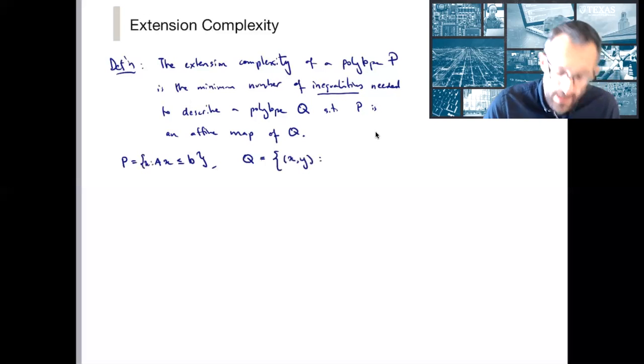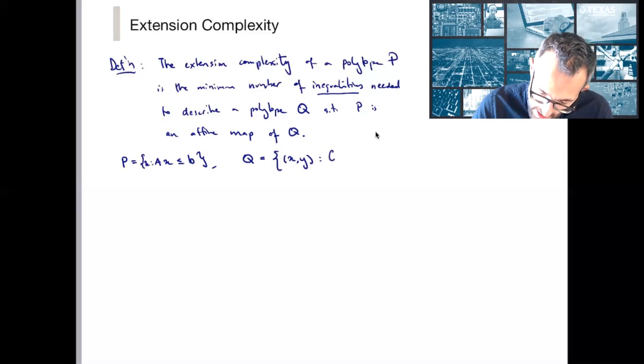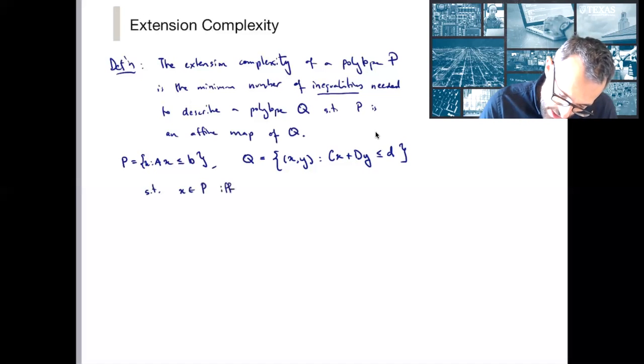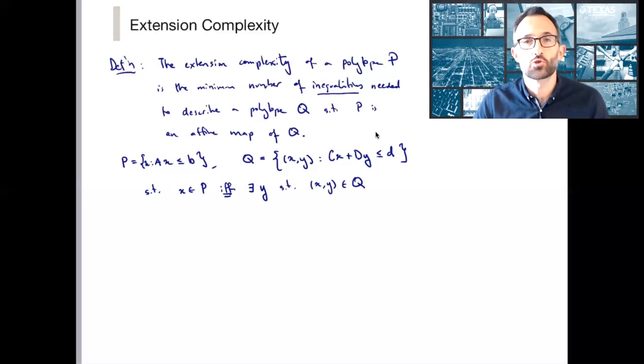So P is all x such that Ax less than b, and Q is all pairs (x,y) such that Cx plus Dy is less than d, such that x is in P if and only if there exists y such that (x,y) is in Q. So this is the concise translation of what the definition is saying.